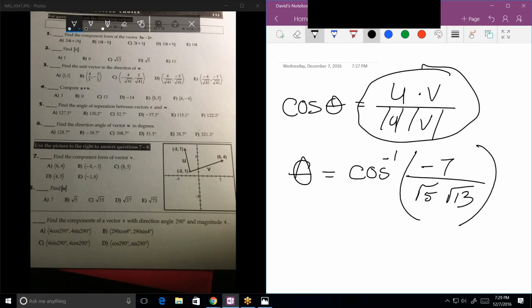Now, if you have a calculator, you can come up with the angle. It doesn't really matter that we have those irrational numbers in the denominator, because we're not turning that in as the answer.